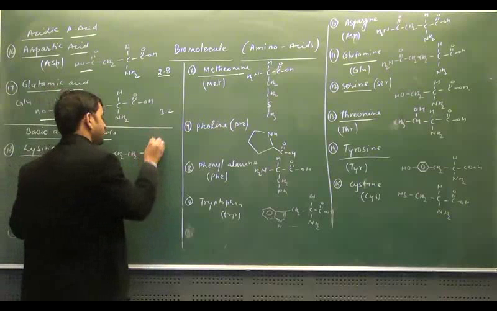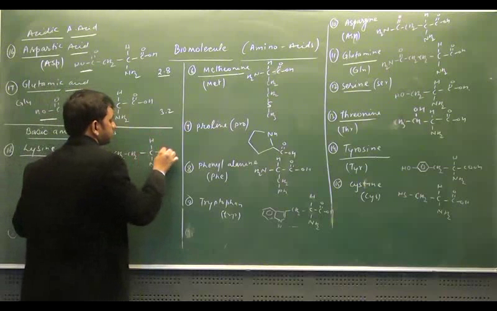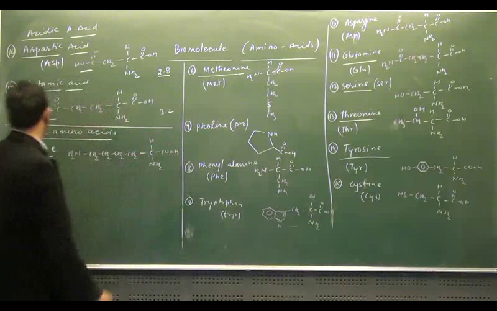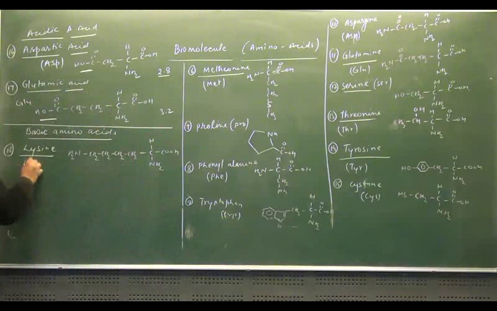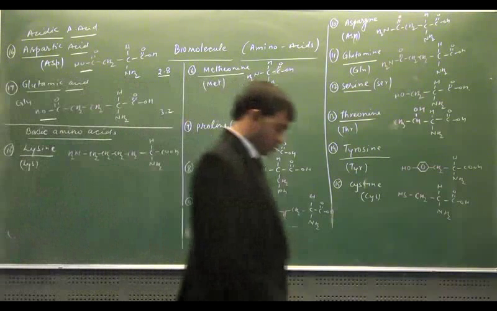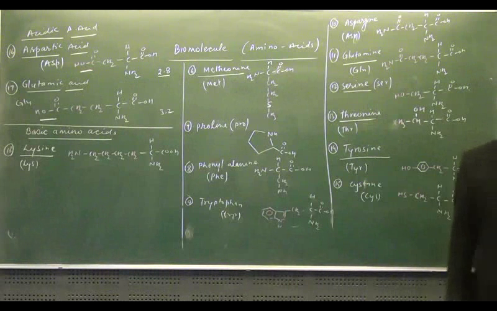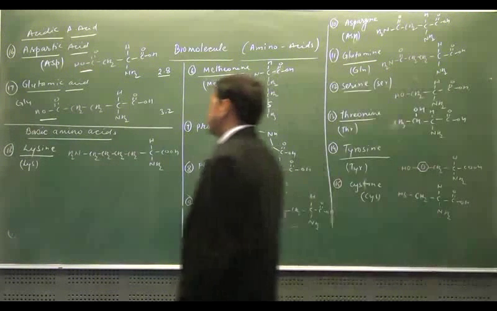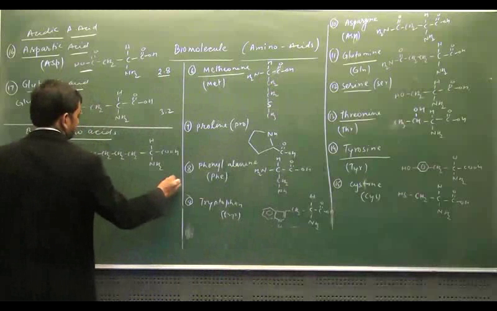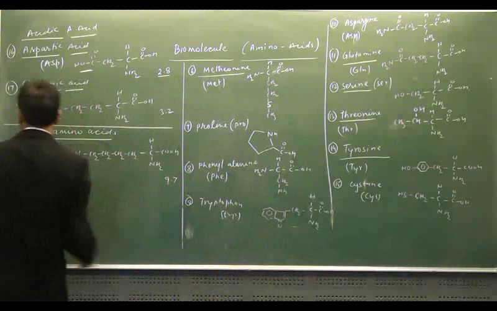Next it is CHNH2, COOH. It is towards the basic side. Isoelectric point it is 9.7.